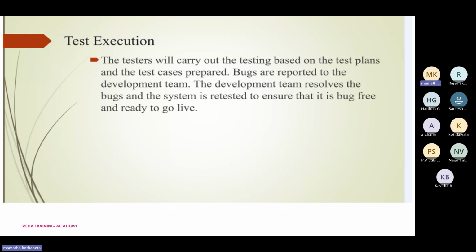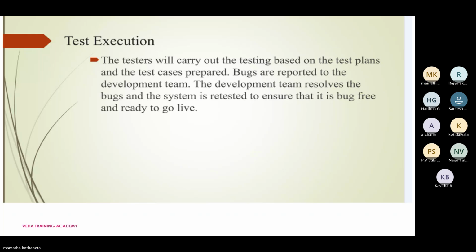We write test cases. We write expected results. Then we write actual results. Then if both are matching, no defect. If both are not matching, you say there is a defect. When you identify defects, they will be reported to the development team. The development team will resolve the defects or bugs based on the priorities the testing team is setting.